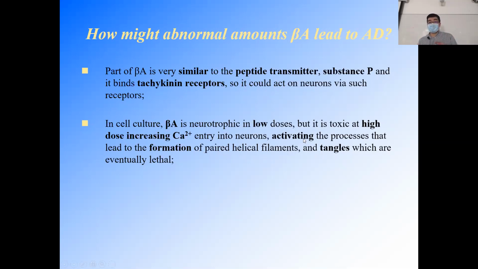Beta amyloid in high concentrations can induce the formation of the paired helical filaments, the tangles. Okay, so that's the reason why there's a hypothesis that plaques induce the formation of tau paired helical filaments, and then that causes the cell death. Okay.